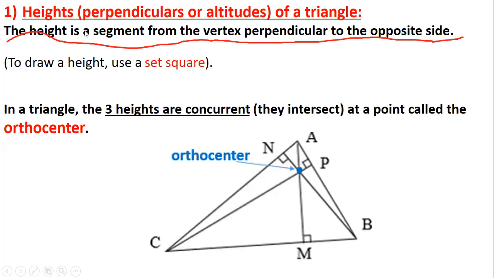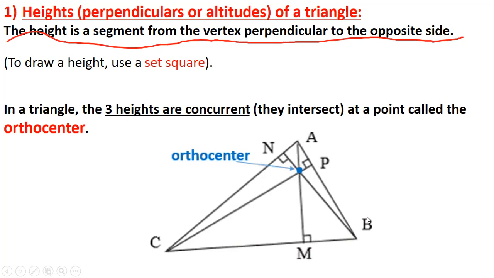The height is a segment. To draw a height, I will draw a segment from the vertex perpendicular to the opposite side. I want to tell you that we have a triangle ABC. How many vertices do we have? We have vertex A, vertex B, vertex C. How many sides do we have?